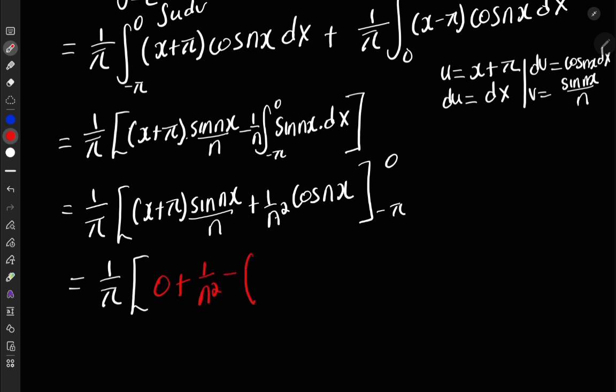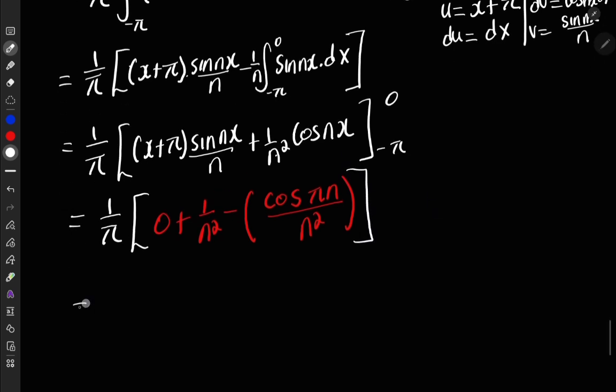Then minus, when you substitute pi in sine, it's going to be 0, which causes everything to be 0. And when you substitute negative pi in cos, it's just cos pi n over n squared, because cos is an even function. Even if you put a negative value inside, it gives you a positive number.